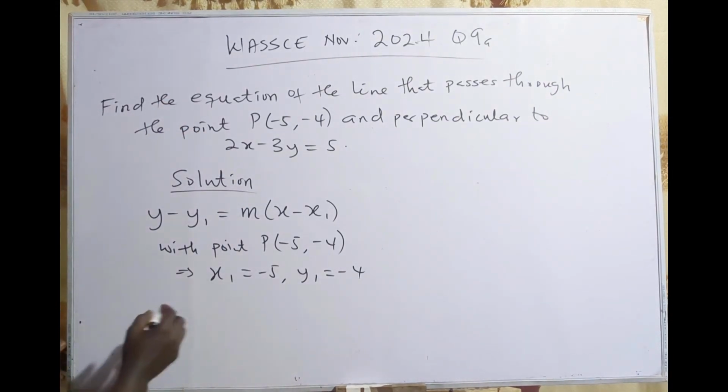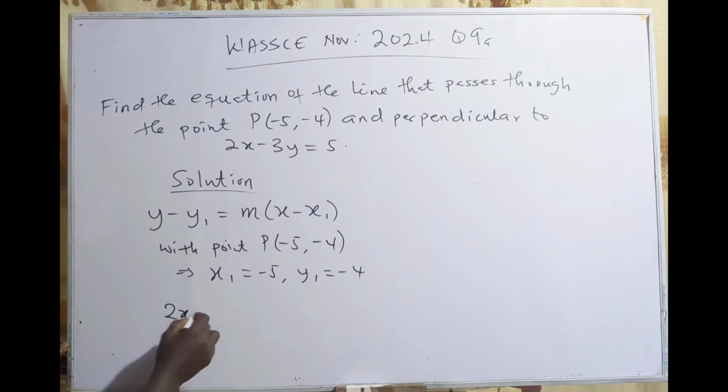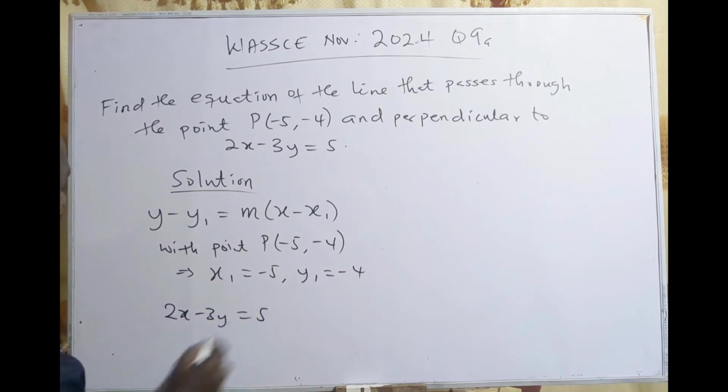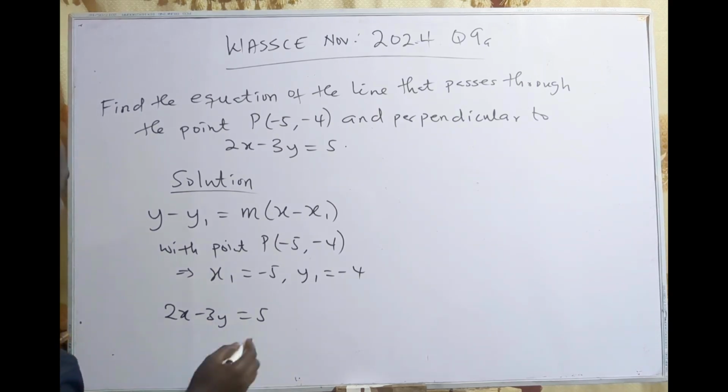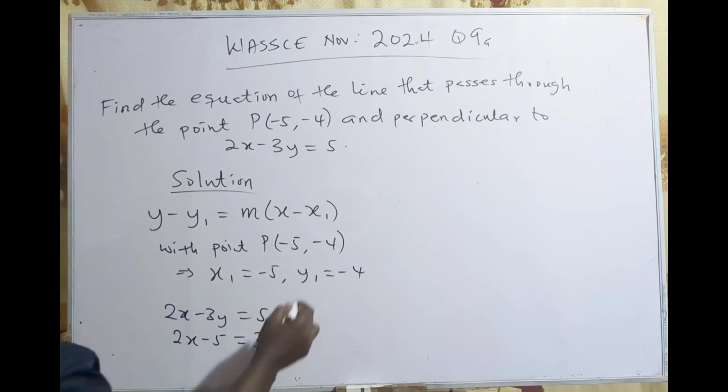We are given the perpendicular line as 2x minus 3y equal to 5. To find its gradient, we make y the subject, and the coefficient of x becomes the gradient. So we have 2x minus 5 equal to 3y.